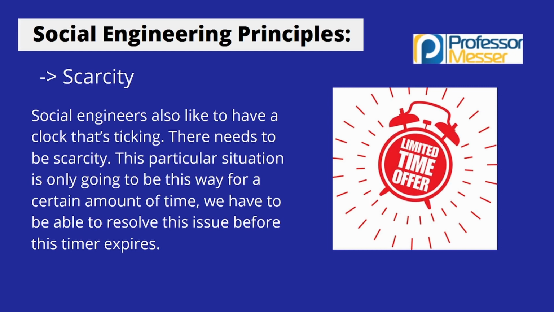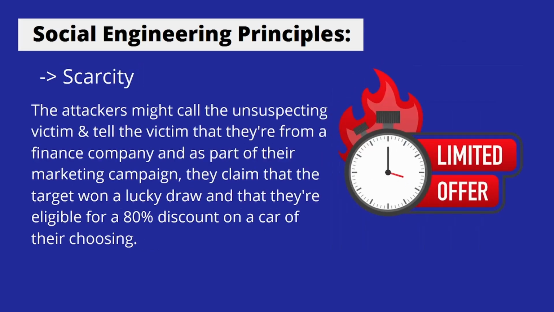Scarcity. Social engineers also like to have a clock that's ticking. There needs to be scarcity. This particular situation is only going to be this way for a certain amount of time. That's what they try to sell. I'll try to explain this with an example.